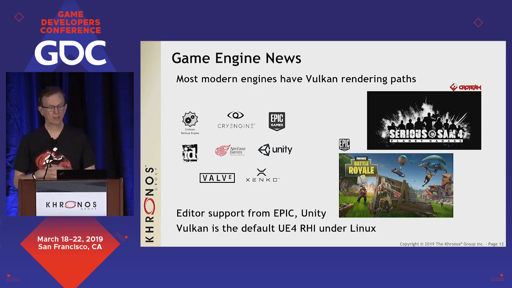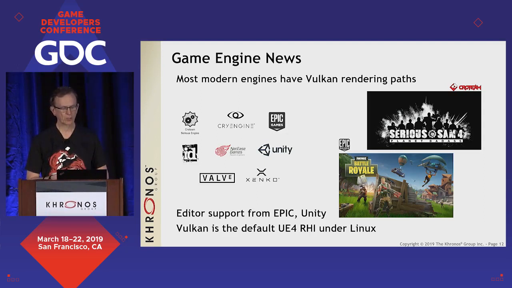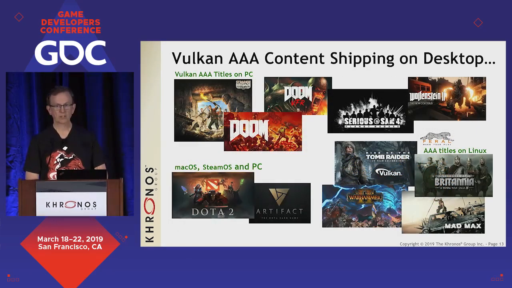I don't have a lot of game engine news. It's not news anymore if somebody ships a game engine with a Vulkan path or adds a Vulkan path to their renderer. The news that I'm aware of is that both Epic and Unity now support Vulkan backends under the editor, which means that if you're targeting Vulkan, you can have a what-you-see-is-what-you-get sort of experience when you're building your assets.